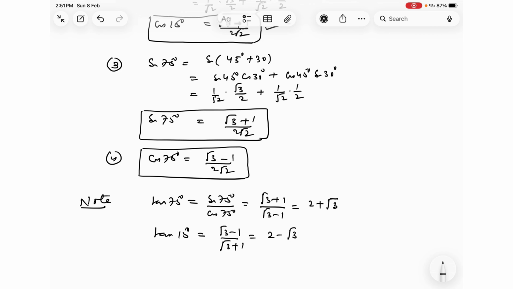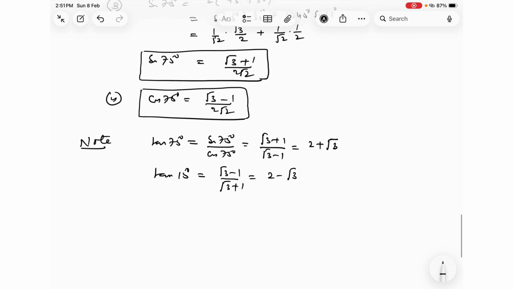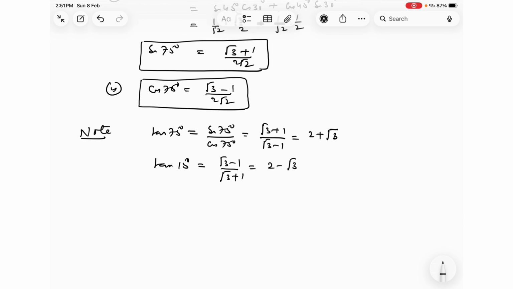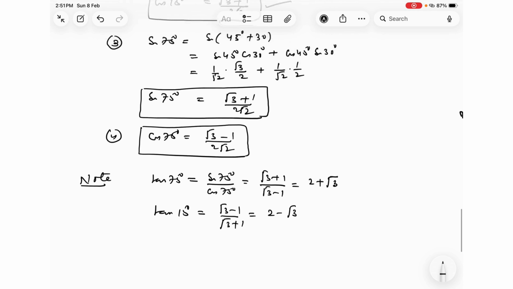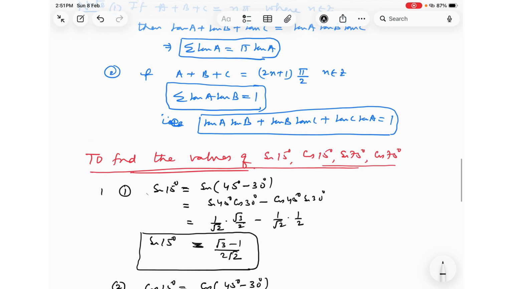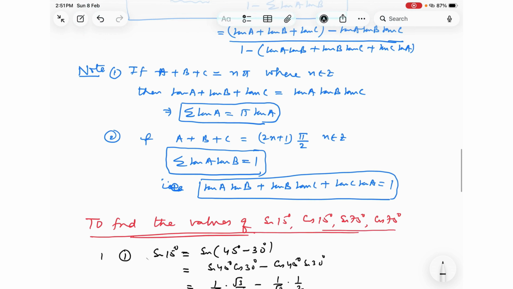So now what we do is, before we start doing the problems, let us write one more very important result. Let us say it is result 5.